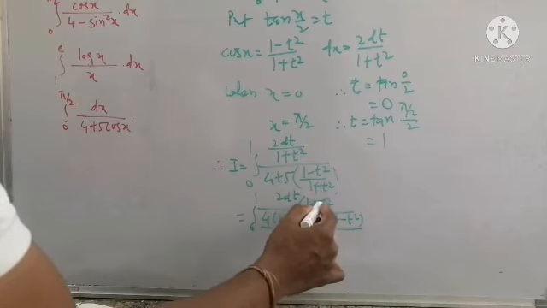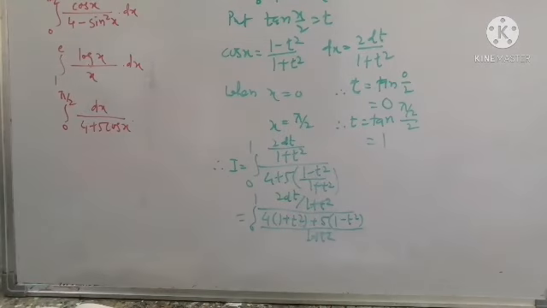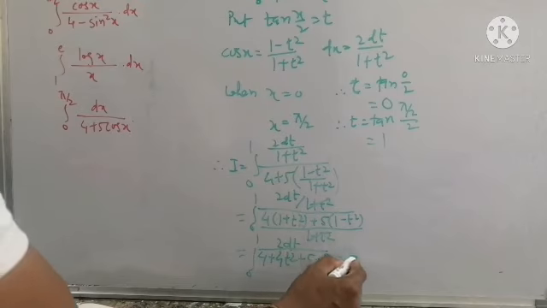As you can observe, the numerator and denominator have an equal denominator, so it gets cancelled, and we have the integration from 0 to 1 with numerator 2 dt, and in the denominator simple bracket multiplication: 4 multiplied by this bracket gives 4 plus 4t square, and 5 multiplying this bracket gives 5 minus 5t square.